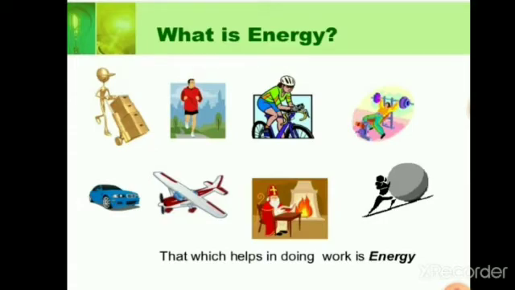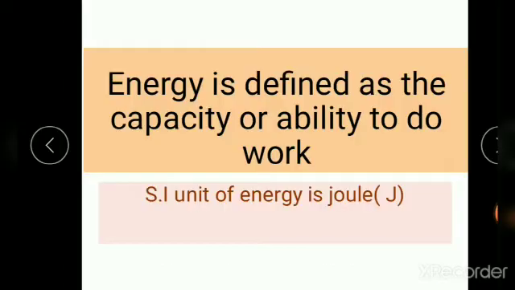Energy that helps in doing work is called energy. Or energy is defined as the capacity or ability to do work. If you want to move your table from one place to another place, what do you need? You need energy to move that table, right?